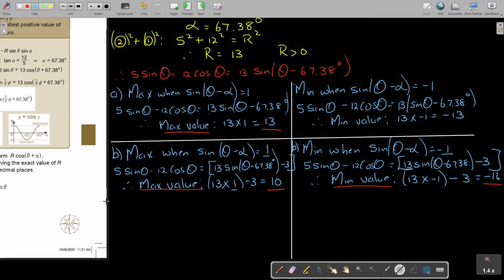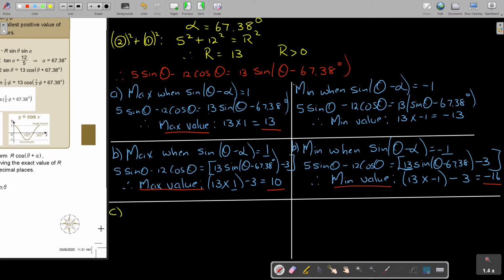Now I go to the a bit more challenging ones. Let's get to the white, and I can at least make the writing in yellow. So number C. Let's go for the max when sin is still going to be 1.